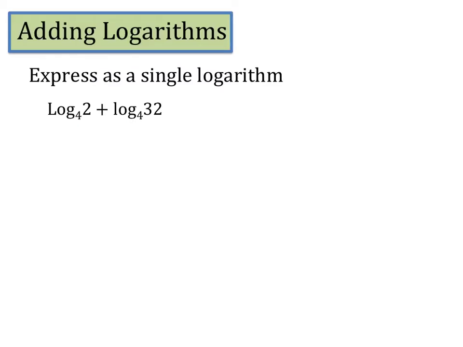In this example, we have two logarithm functions that are being added together. For us to combine two logarithms using the product property, or any property really, the first thing we have to make sure is that the bases are equal. Here both of the bases are 4, so we're good.